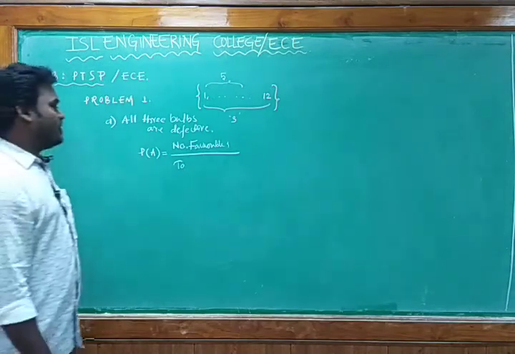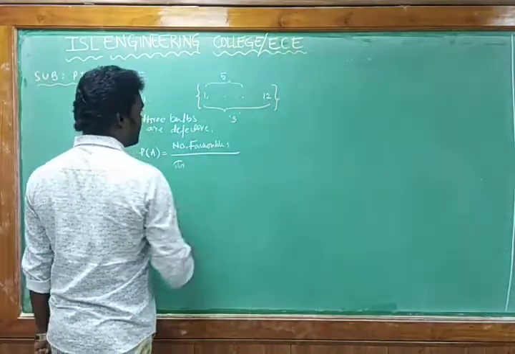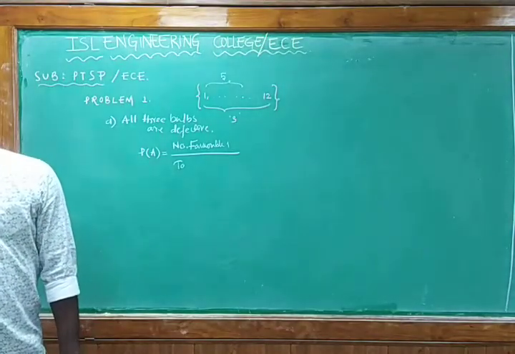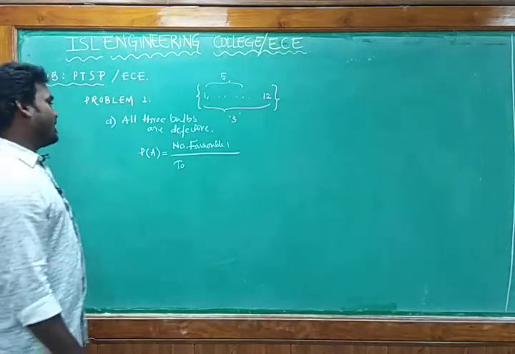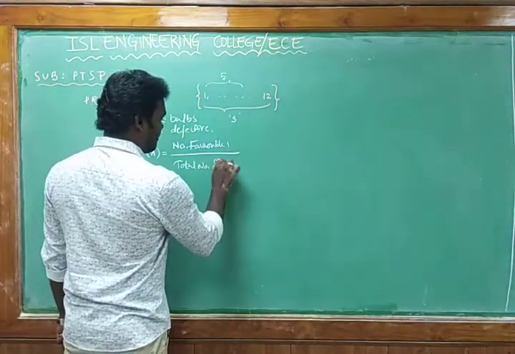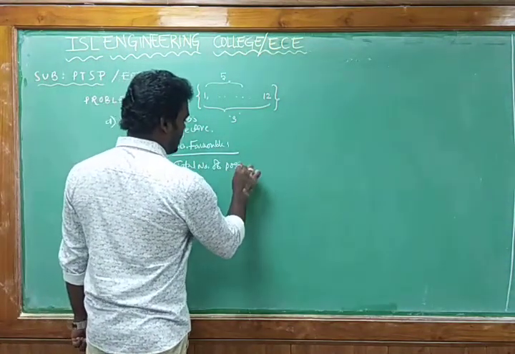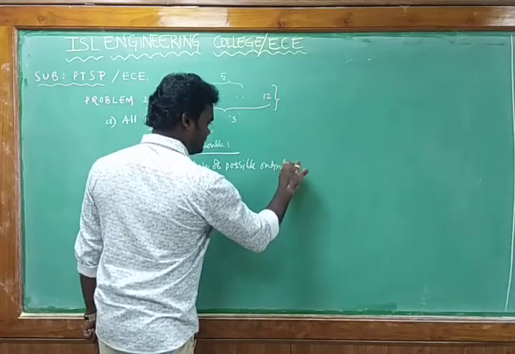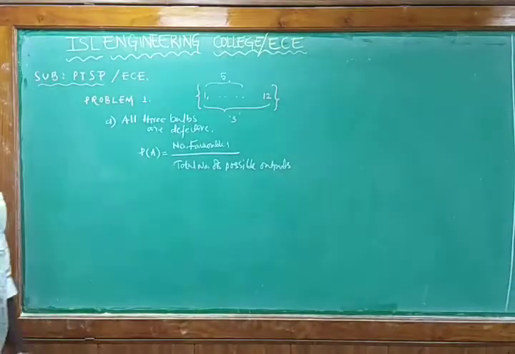The sample space can also be called the exhaustive cases, the total number of possible cases. Based on this formula, we can solve the given question.